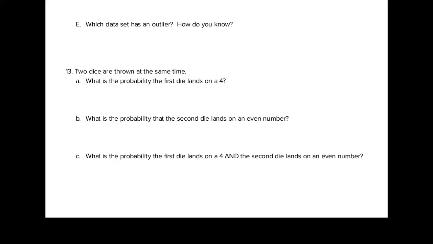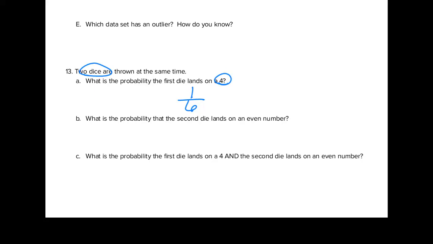No. So think about it. A die has 6 sides. So there are 6 sides total, and to get a 4, only one of the sides is going to bring up 4. So the probability is 1 out of 6.